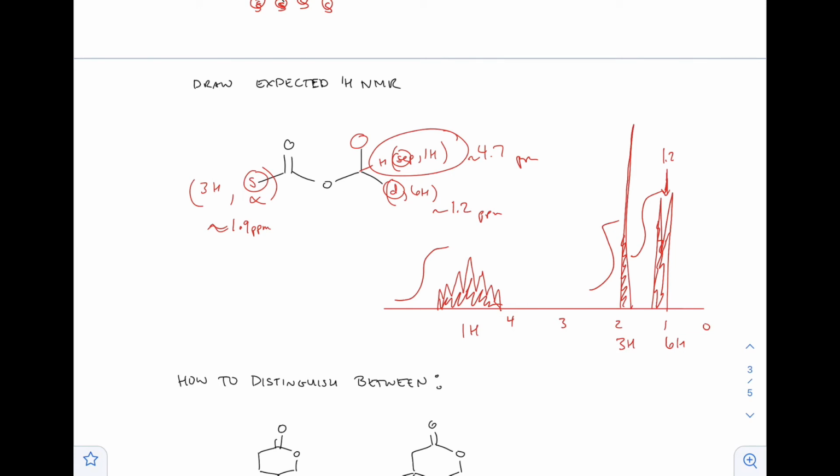Another thing is your numbers aren't always going to show up perfectly as like 1 or 3 or 6, right? Sometimes if you integrate it, it could show up as 0.5, 1.5, and then 3. Okay, we can't have half of a proton, right?